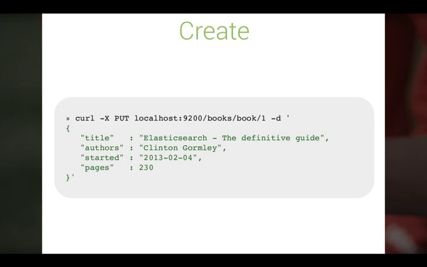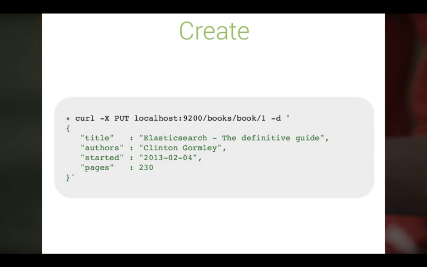So let's see how we can create an index on Elasticsearch. Creating an index is like creating a table. For that, we can do a curl operation or call a RESTful API. Suppose you have installed Elasticsearch on your local system and you are running it, then you can call Elasticsearch by the URL localhost colon 9200.